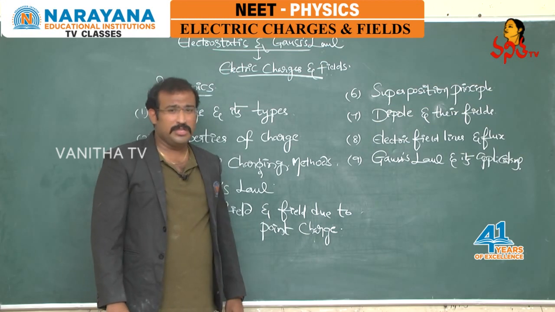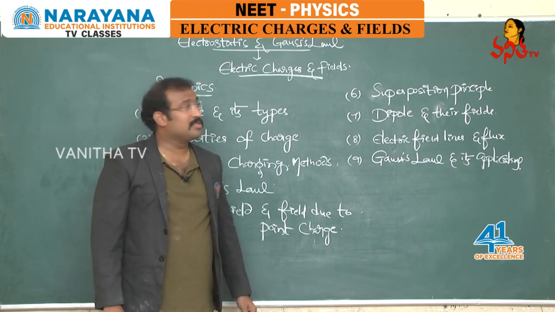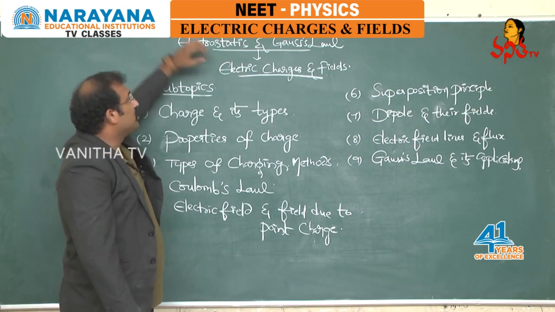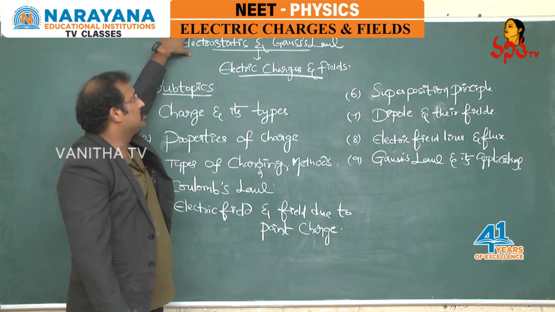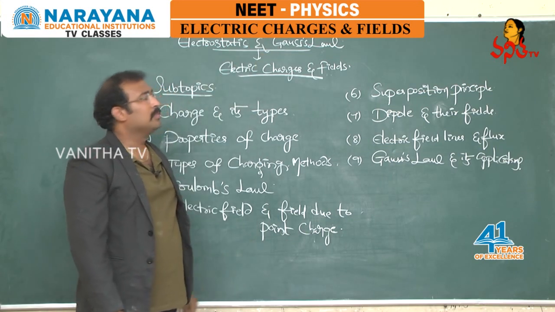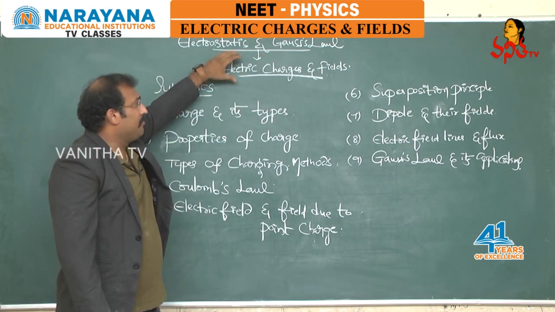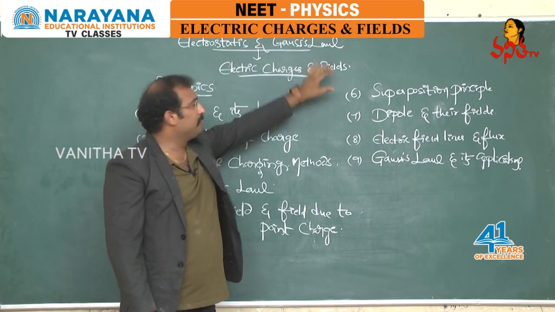Now we are going to deal with the major segment of physics, that is electricity. The major topic of that is electrostatics and Gauss law, in which the major topic is the electric charges and fields.